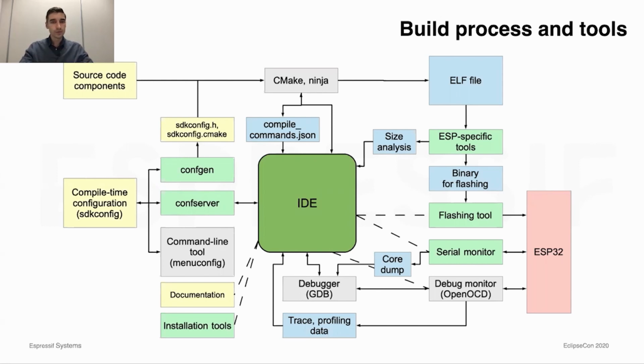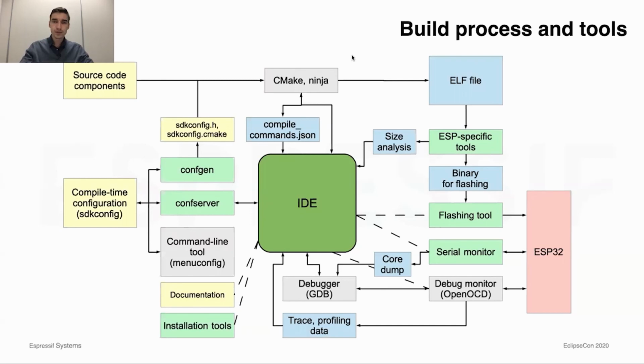On this diagram, you can see the different tools that we have and how they relate to the integrated development environment. On the left side, there are tools related to installation, configuration, and the build process. The integration between the IDE and CMake is pretty standard, but for the other parts of the SDK, we had to introduce a new user interface and hook it into the build process.